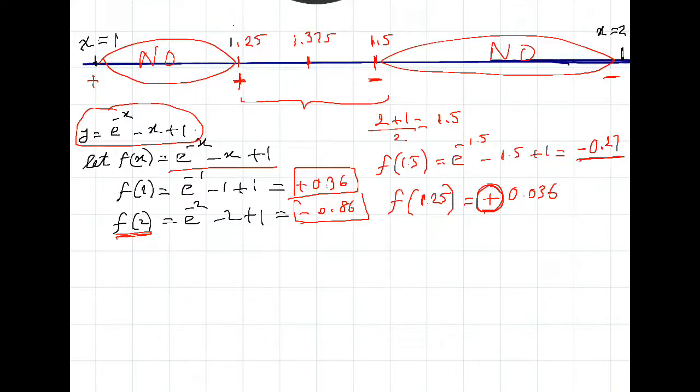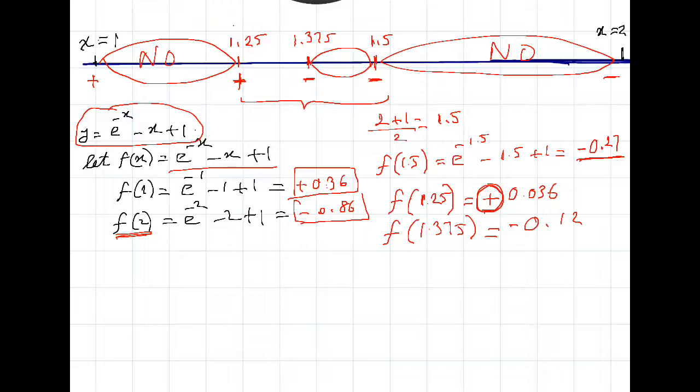We do the same, f of 1.375, and you'll find this is equal to a minus 0.12. So that is a negative value. Now we know this area doesn't have a root.